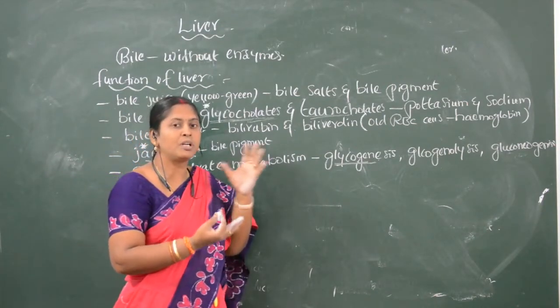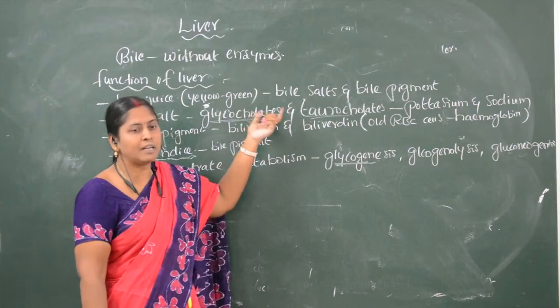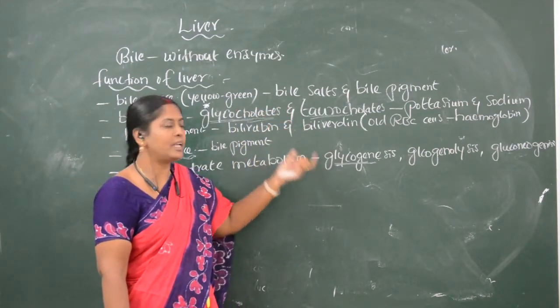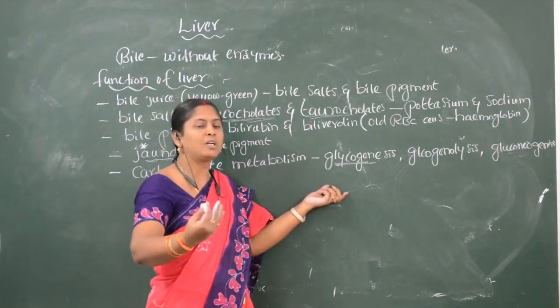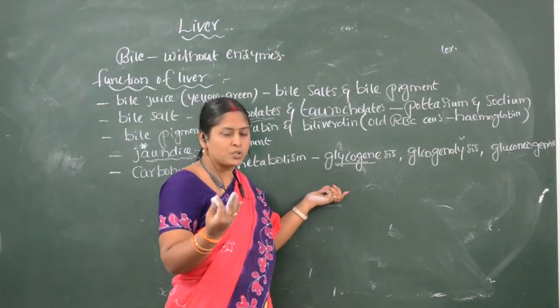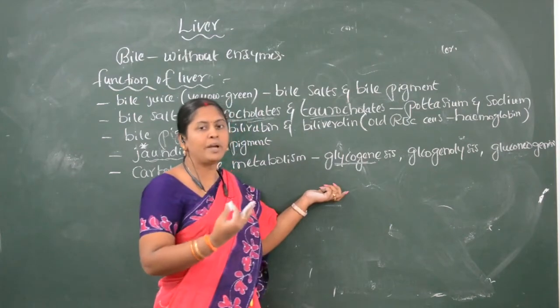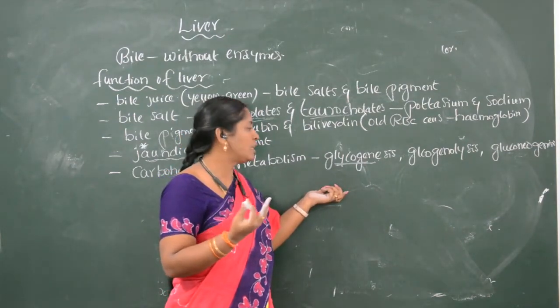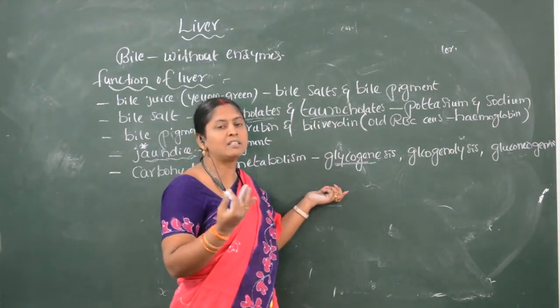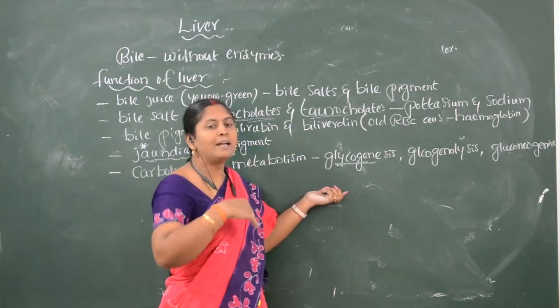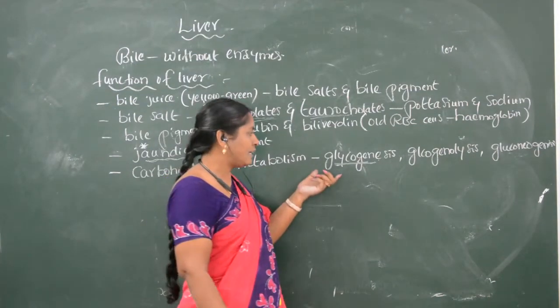Most of the functions in our body are done by the liver, like storing different kinds of substances such as cholesterol and carbohydrates. It can synthesize whenever energy is needed. It can store and it can secrete also.